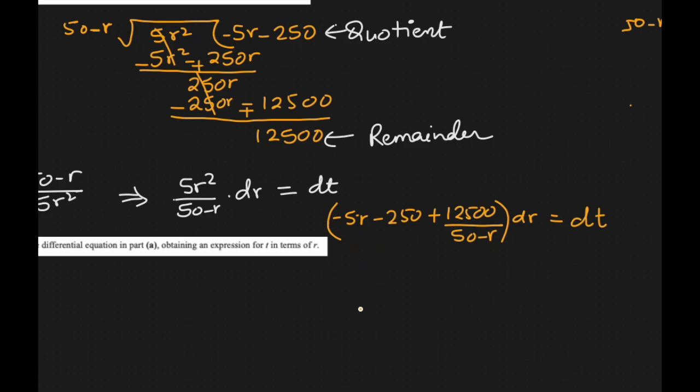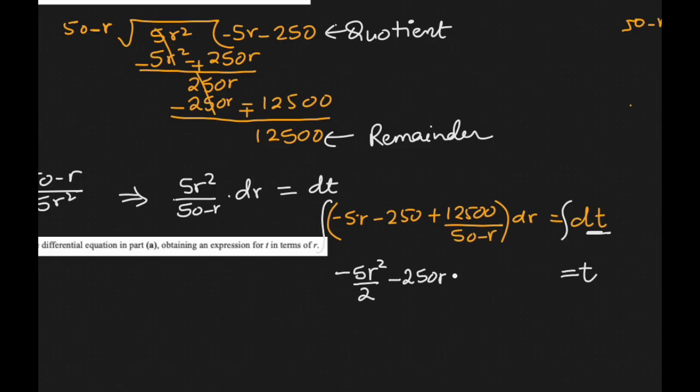And now we will integrate both sides to get t in terms of r, and t, this will give me t, so t is already there. This minus 5r will become minus 5r square over 2. 250 will become minus 250r, and this is a linear denominator.